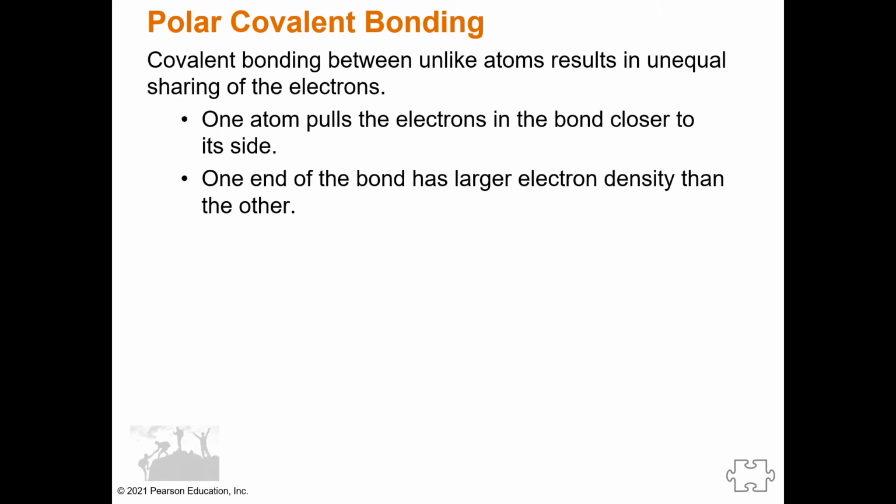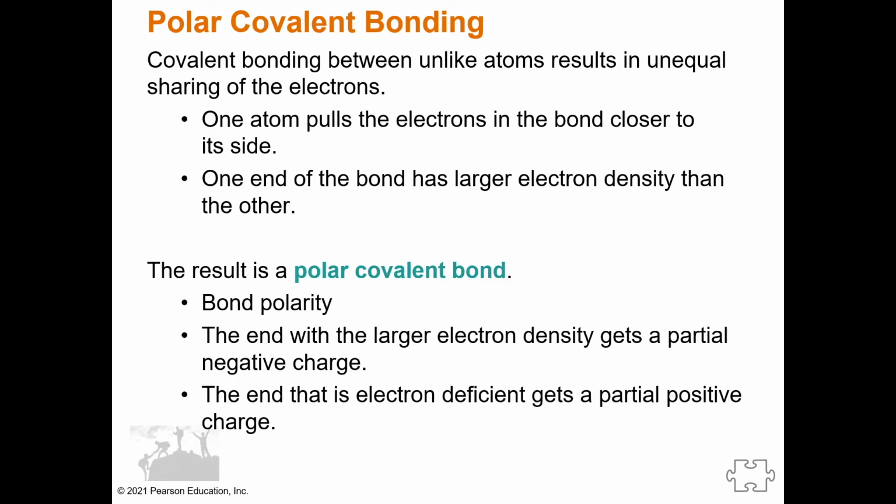Not all sharing is going to be equal in terms of covalent bonds. There are some elements that want to hog up the electron cloud, making one side a little bit more negative than the other side. And when we see that, we have a polar covalent bond.